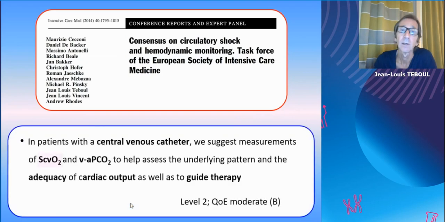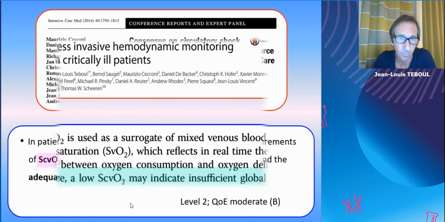And this is why the experts of the ESICM, who wrote recommendations in a consensus way, consensus on circulatory shock, suggested measurements of ScvO2 to assess the adequacy of cardiac output and to guide therapy.